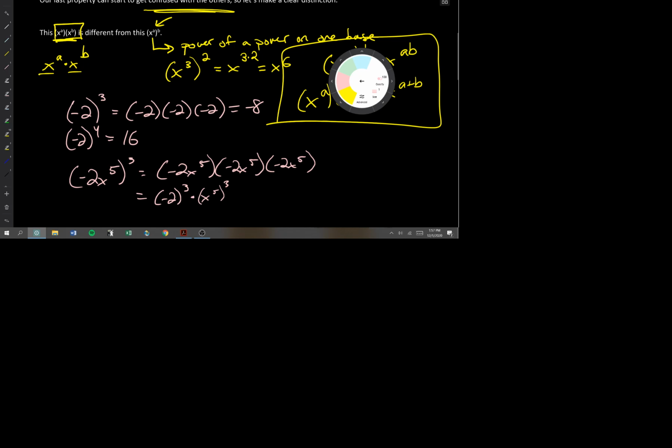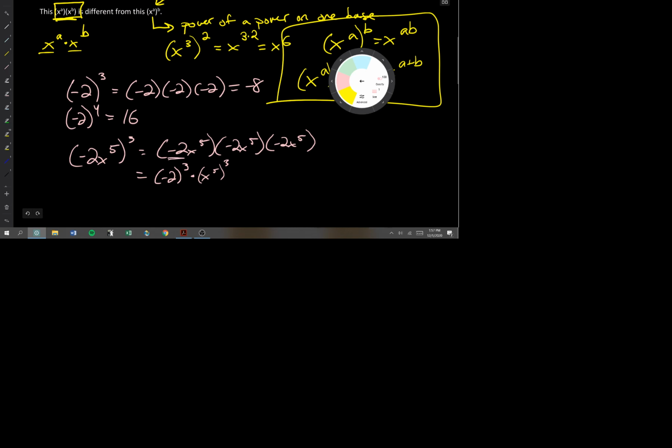Right? Because there was 3 of these -2's multiplying, and there was 3 of these x to the 5ths multiplying. So it's going to be negative 8 times x to the 15th. And if I had like 4x squared y to the 3rd, all of this being squared.